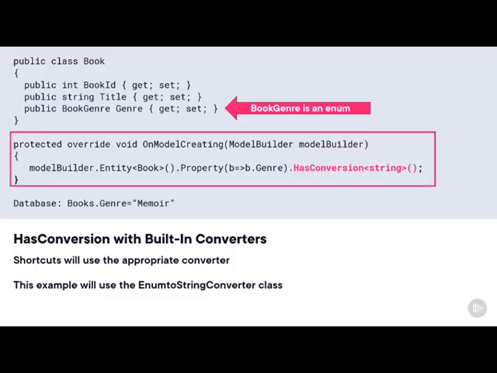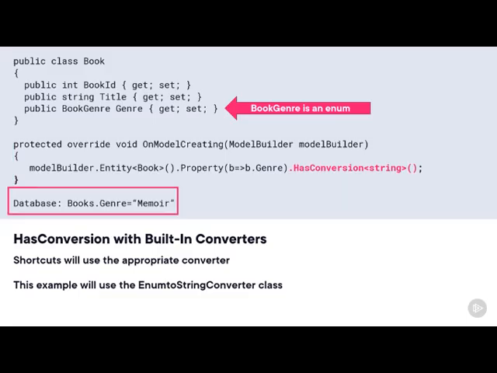I can store those book genres as strings by referencing entity of Book and its property BookGenre, and then using the generic syntax of HasConversion, I can say HasConversion of type string. Then, when EF Core is saving that property, it will persist the string that represents the item's name, and when you query, it will convert it from the stored string back to the enum.